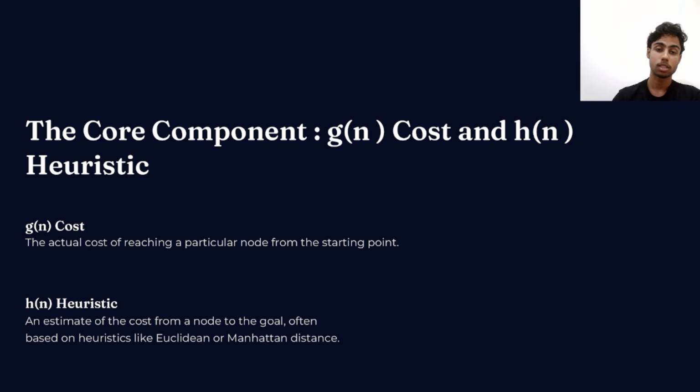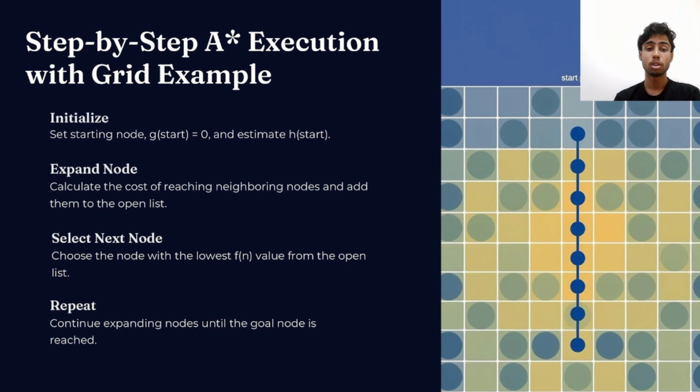Now, to talk about the step-by-step execution, there is one image which depicts the way from the starting point to the destination. First, we initialize the starting node, where G of n, the actual cost, is 0 because it is our initialization value.